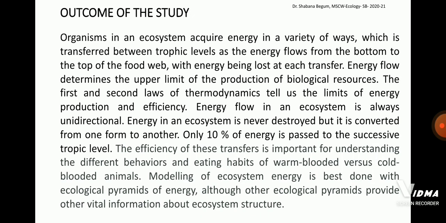So, the efficiency of these transfers is important for understanding the different behaviors and eating habits of warm-blooded versus cold-blooded animals. Modeling of ecosystem energy is best done with ecological pyramids of energy, although other ecological pyramids provide other vital information about the ecosystem. Thank you.